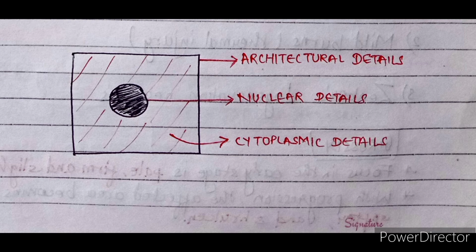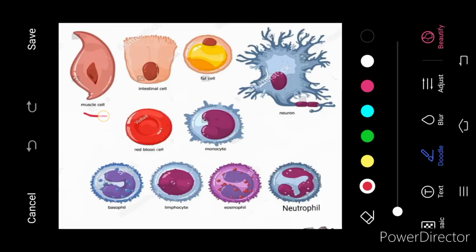So by looking at these 3 features, we can decide the type of a cell. Human bodies have different types of cells. These are known as muscle cell, intestinal cell, fat cell, neuron, red blood cell, monocyte, basophil, lymphocyte, eosinophil and neutrophils.